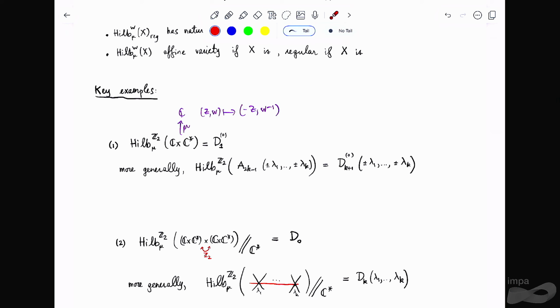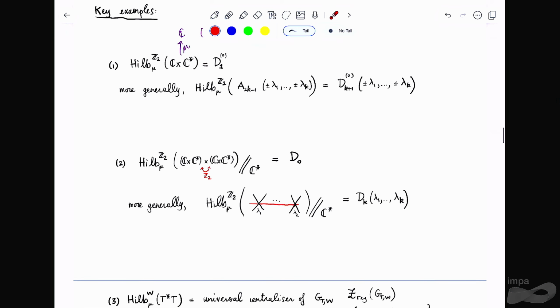To actually get Atiyah-Hitchin and the generic surface, you need to be a bit more clever. You need to start in higher dimensions, and this is really the construction of Cherkis and Hitchin. You start with C times C star times itself, and now the Z2 action just flips the two factors.